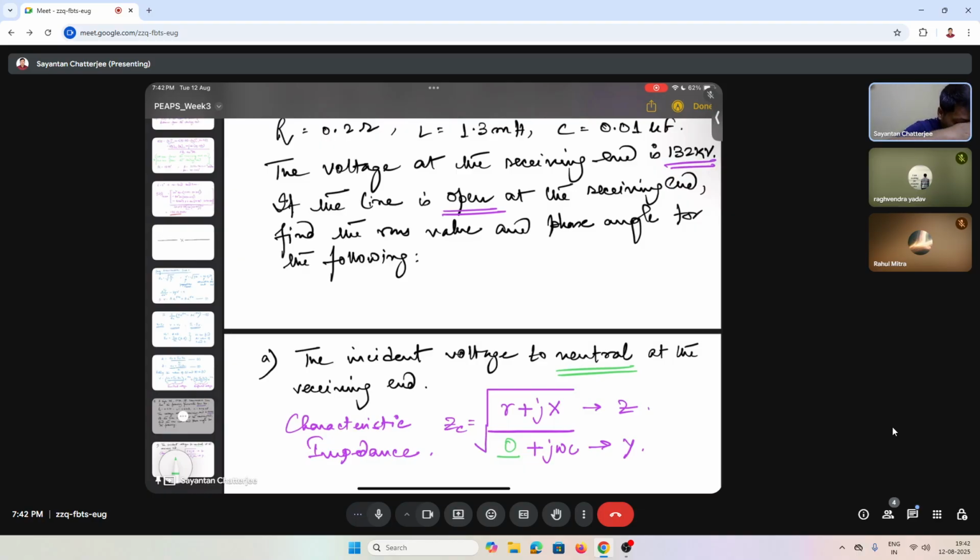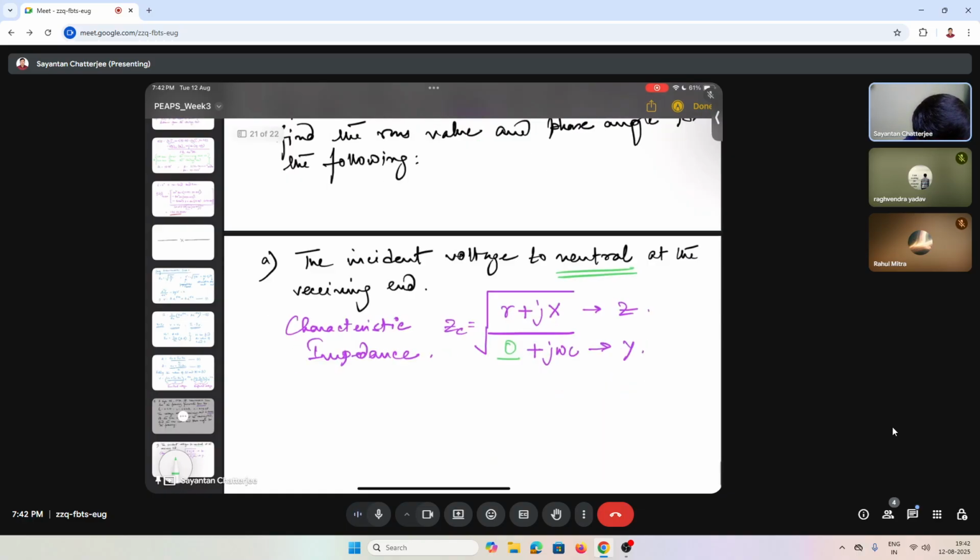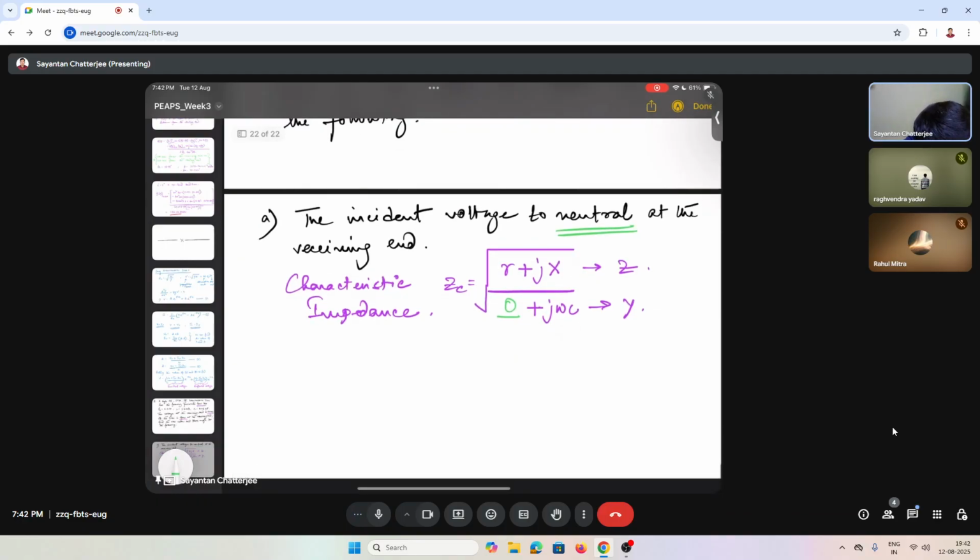So the value of 132 kV here is line to line voltage. If nothing is mentioned in the bracket, like line to neutral, always consider it as line to line. So 132 is line to line, and we need to convert that. Okay, let's do it.